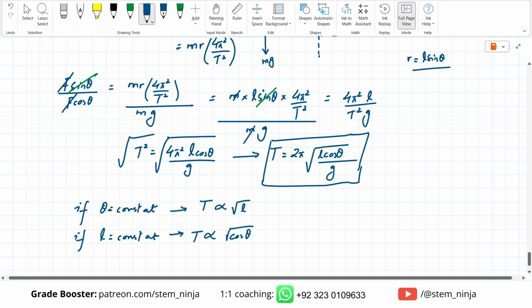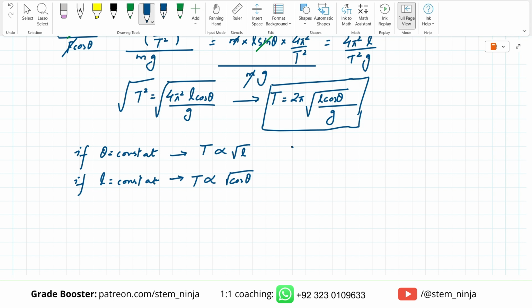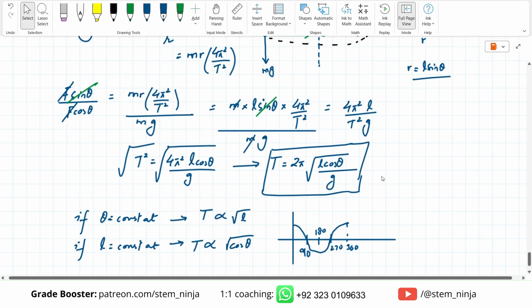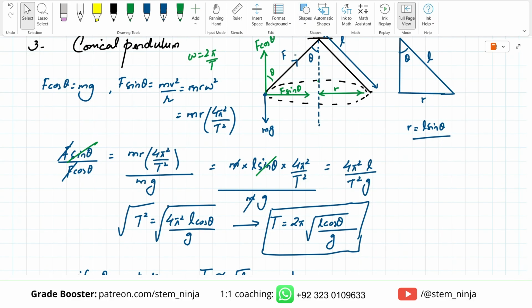Now, what does it mean by cos θ? We know how cos θ goes. Cos θ goes like this, where this is 90 degrees, this is 180, this is 270, and this is 360. And θ, remember what it was, it's this particular angle.